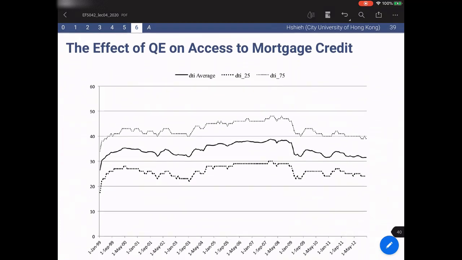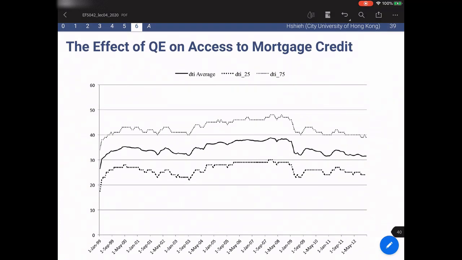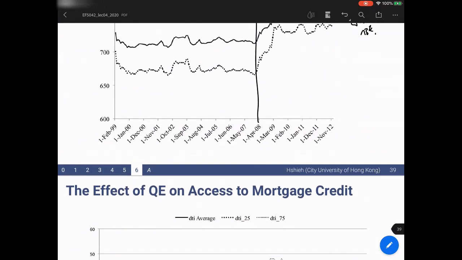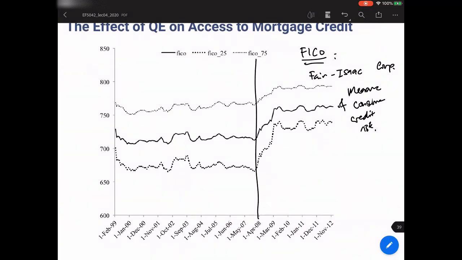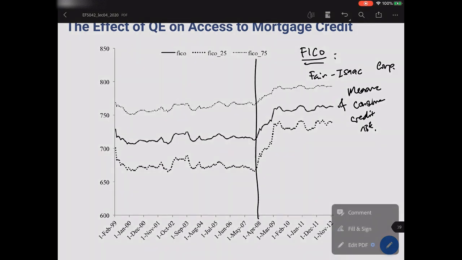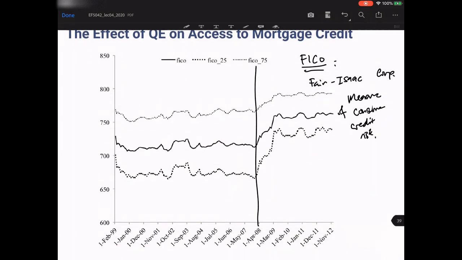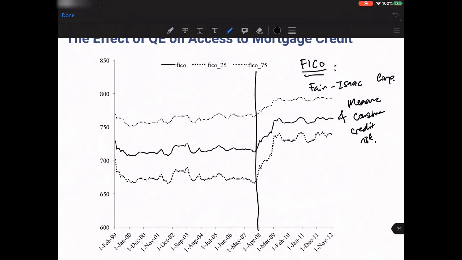Okay, so what this graph shows you is three lines. Just like the graph above, I gave you a distribution, with quartile values of the FICO score. The black line is the median value, the median FICO score in the US.